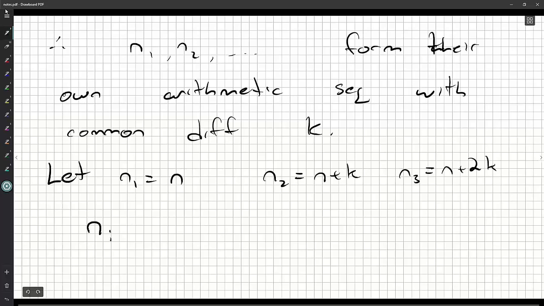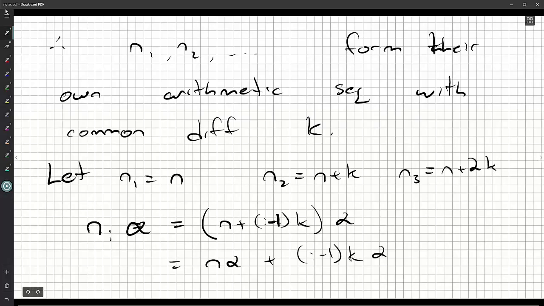So n_i alpha is n plus i minus 1 k times alpha. So that should be n alpha plus i minus 1 k alpha. Okay.